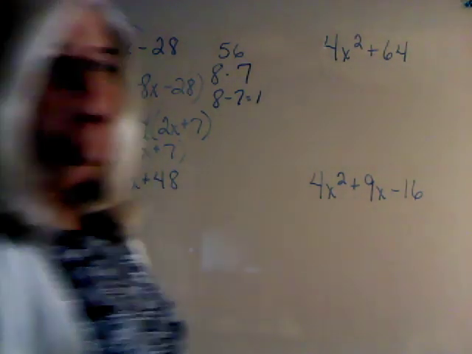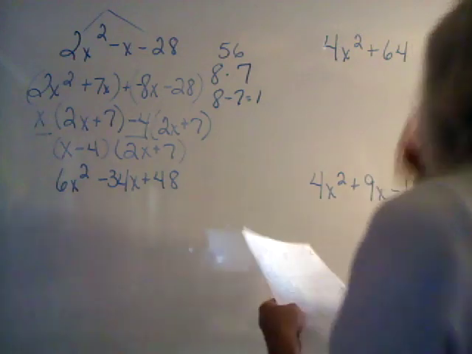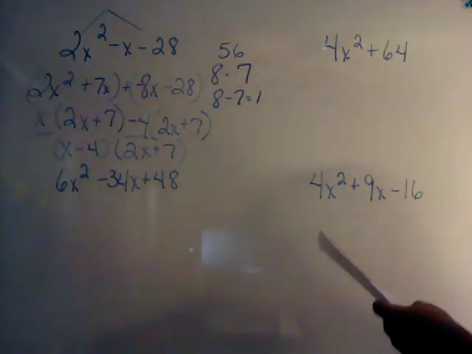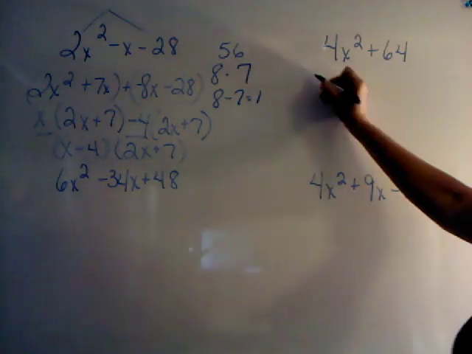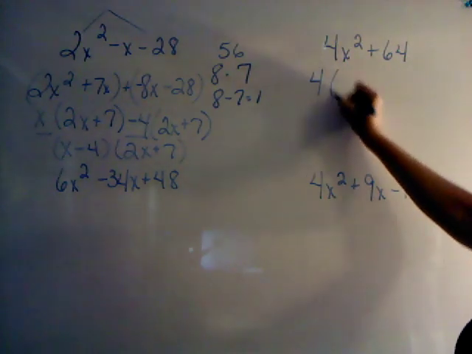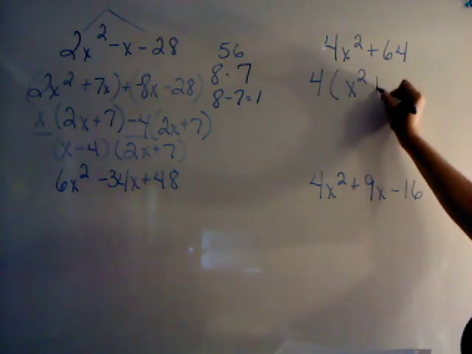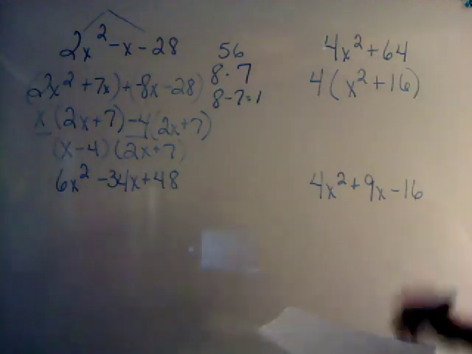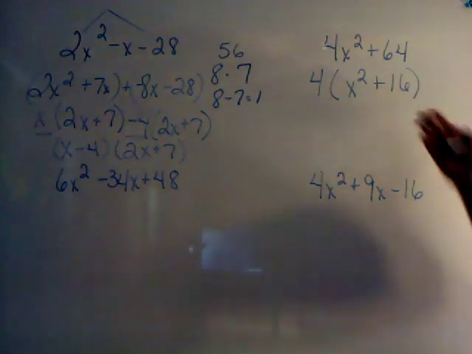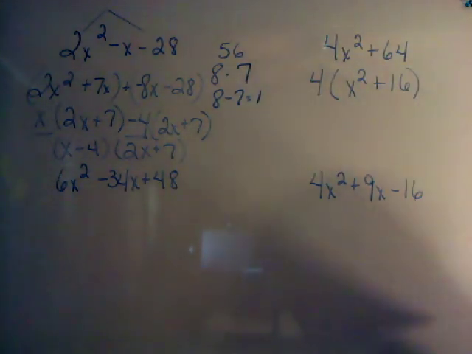All right, let's come over here and let's look at 4x squared plus 64. So I'm going to take out a 4, which would leave me with x squared plus 16. And then that is now factored completely.